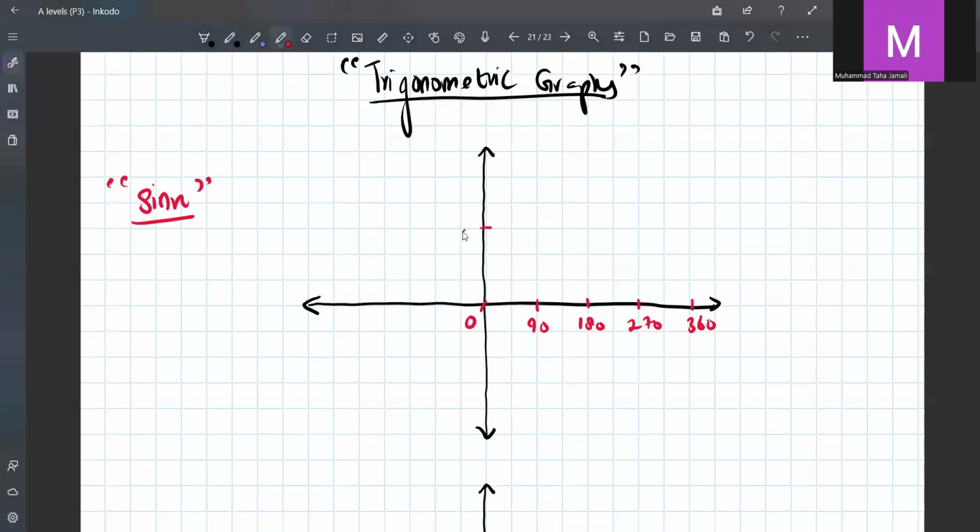And this is 1, and this is -1. So a sin x graph will look something like this, as we already know, passing through 180, and this is what a sin x graph looks like.